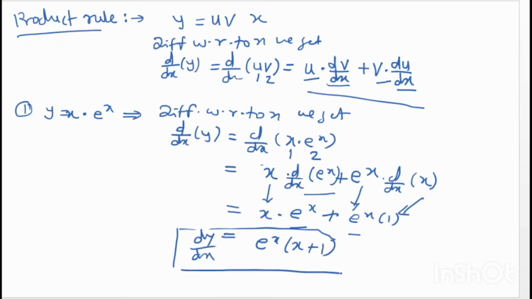Let's practice some more examples from the CET examination point of view. We take y is equal to x into log of x, so we directly solve the example. dy by dx is equal to, similarly, this is our first and second.